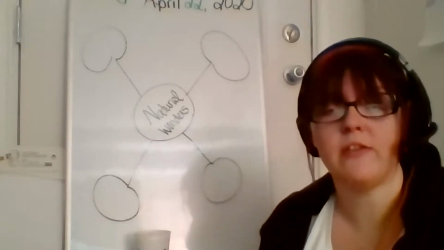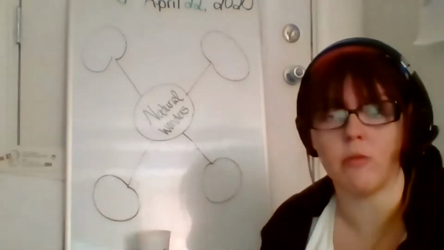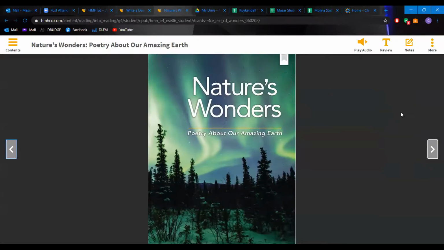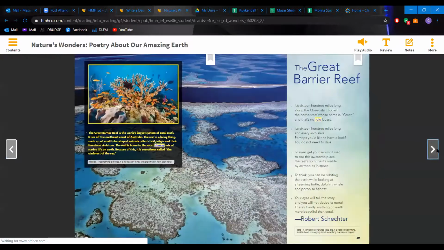So I'm going to go ahead and open up the textbook again just to help you guys pull out those details. So we're going to look at the first natural wonder that you guys read about, which was the Great Barrier Reef. So in my first upper left-hand bubble, inside I'm going to write Great Barrier Reef.